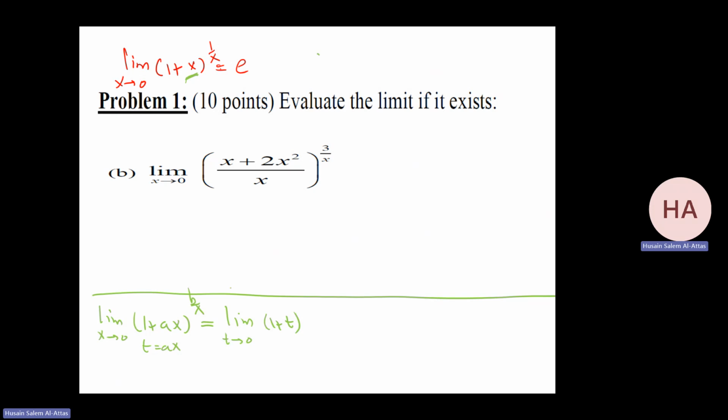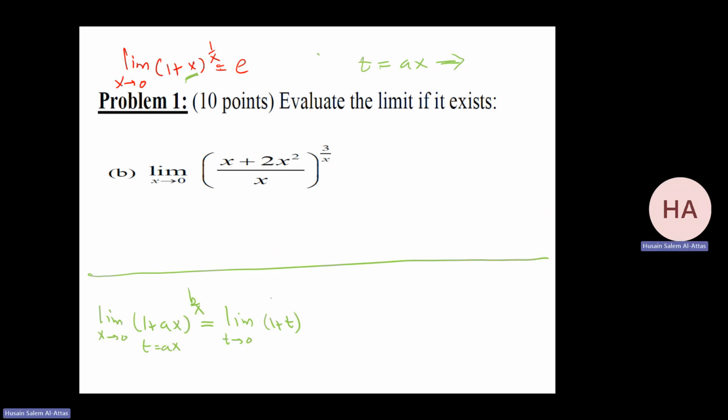If t equal ax, let me write this here. t equal ax, that means x is t over a. So b over x is b over t over a. Yeah, that's the power, huh?